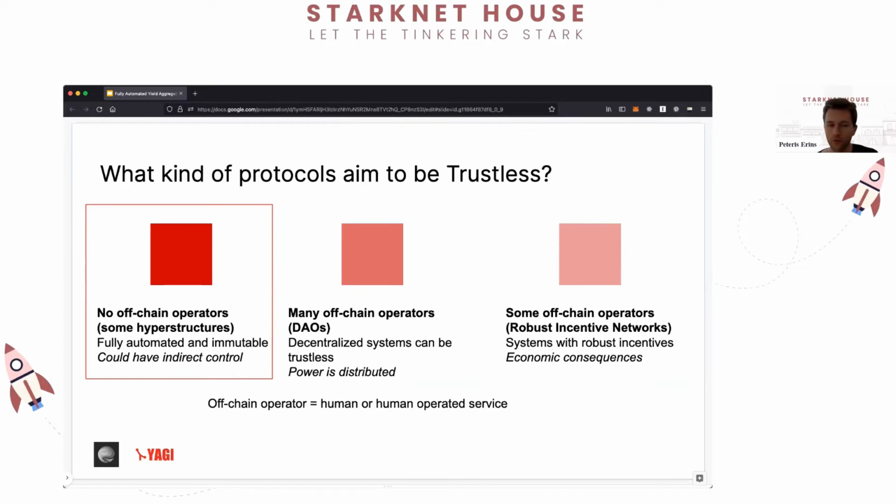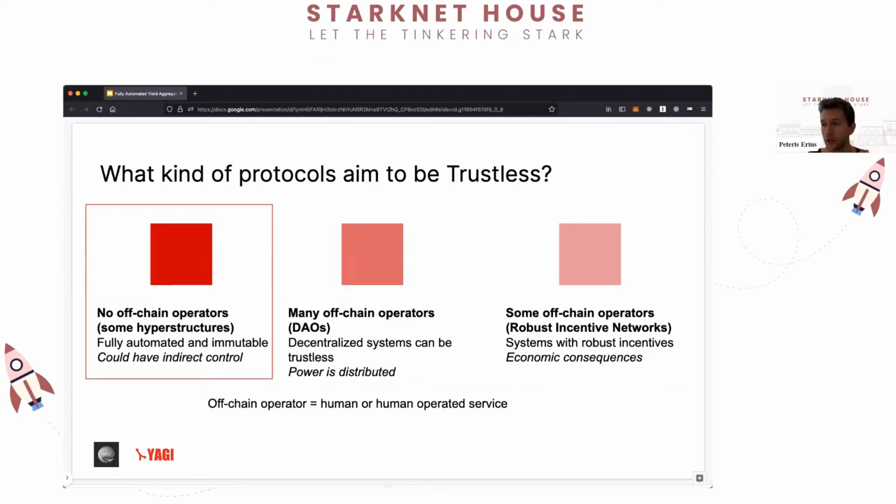This is what token curated registries aim to be, if you're familiar with them: they curate a list of things by creating an incentive system. I think prediction markets are also one example of robust incentive networks, right? If you're participating in a prediction market and you're making a prediction, you typically have to stake some money on that prediction being correct. So it gets more expensive to manipulate the prediction, and so on and so forth.